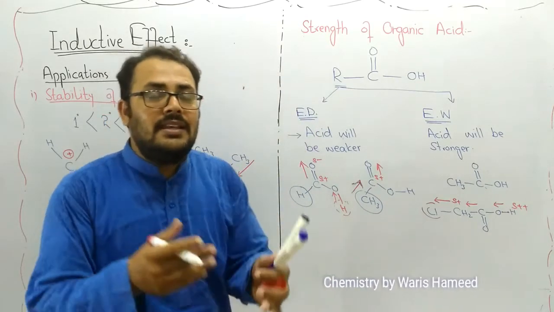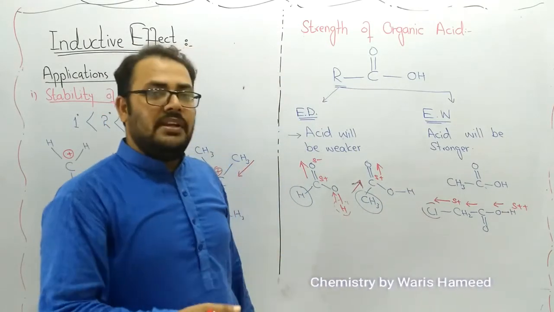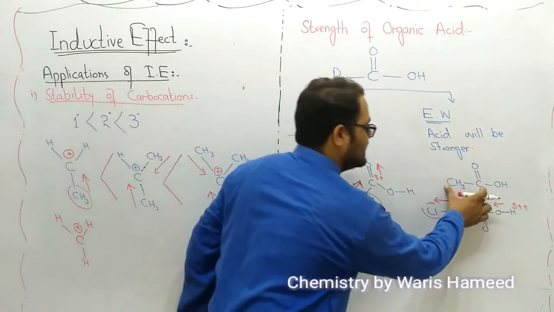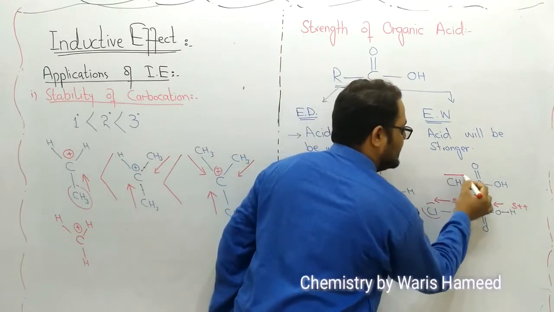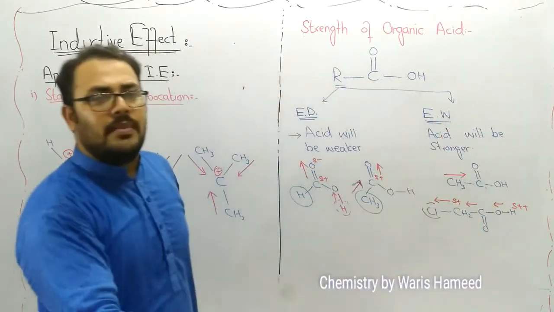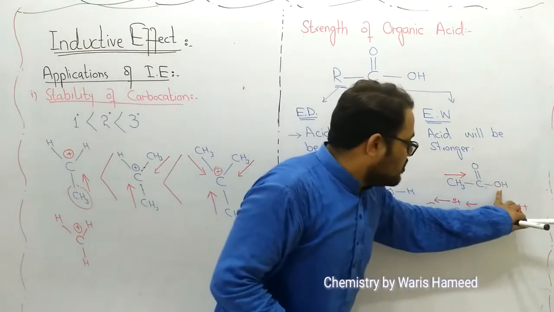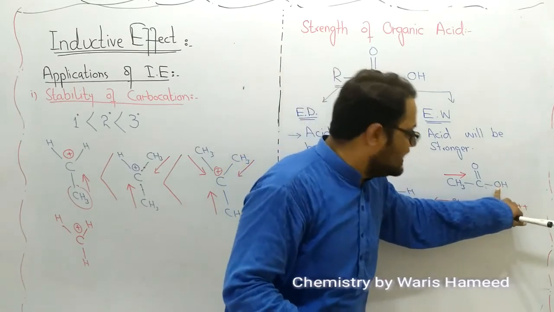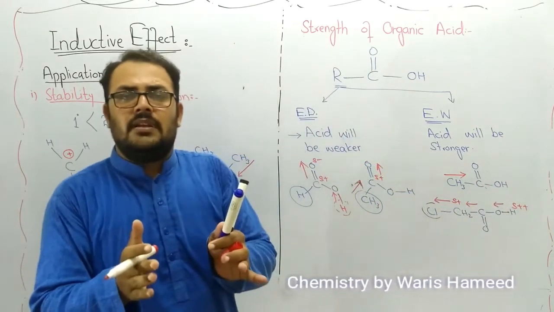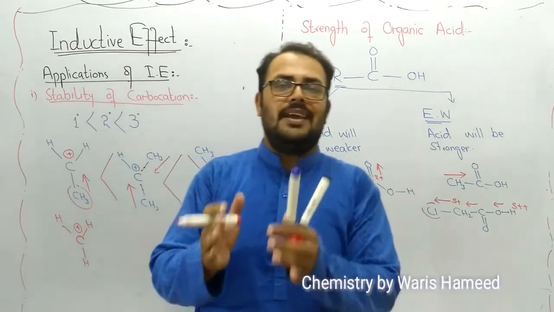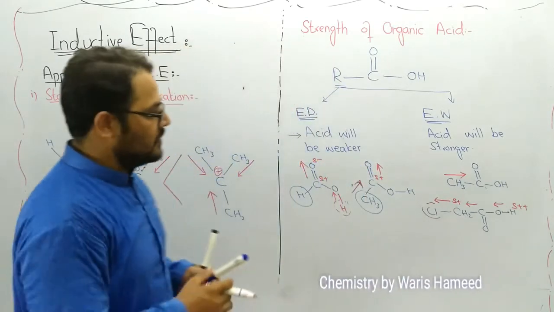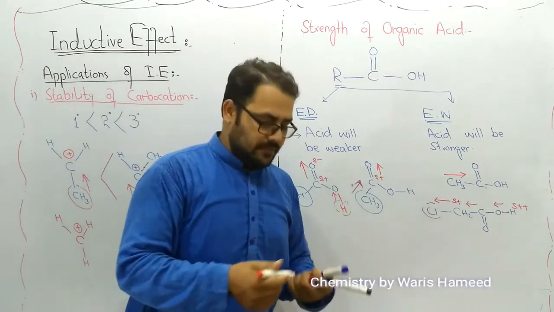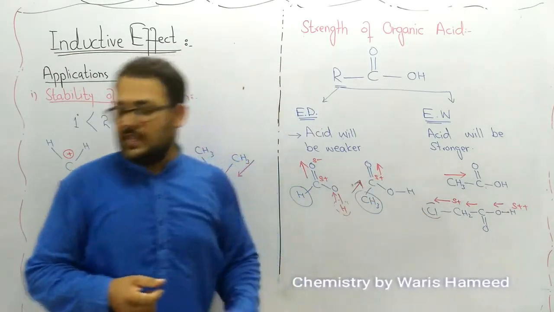And hydrogen can easily be lost in the medium, making this acid strong. And in this case, CH3 is pushing electronic density toward carbon, and electrons between oxygen and hydrogen are available, so hydrogen will be attached with the oxygen atom. In this case, chloroethanoic acid is stronger than ethanoic acid.